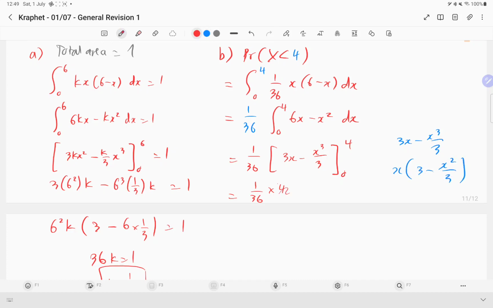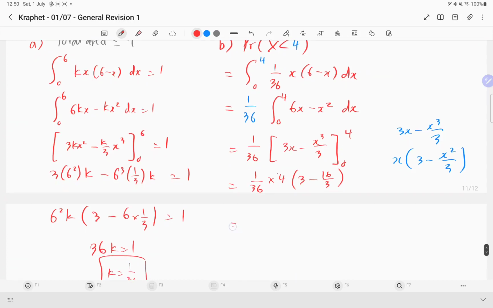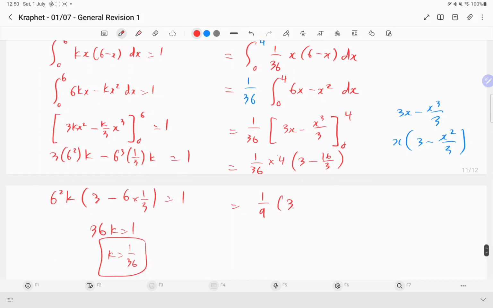Okay, I'm using that formula there. So times 4 times 3 minus 16 on 3. Okay, and 0 is 0. 4 over 36 is 1 over 9. See, you're already simplifying it, right? You don't need to multiply big numbers in. And inside will be 3 times 3 is 9 over 3 minus 16 over 3.